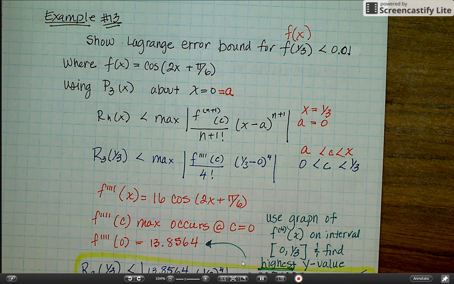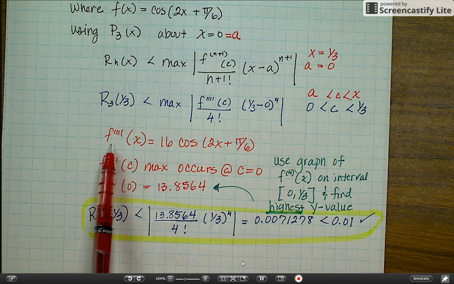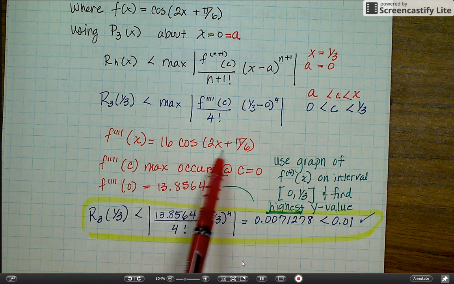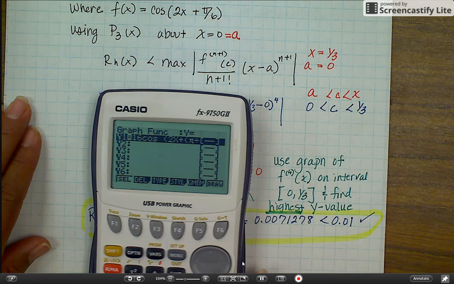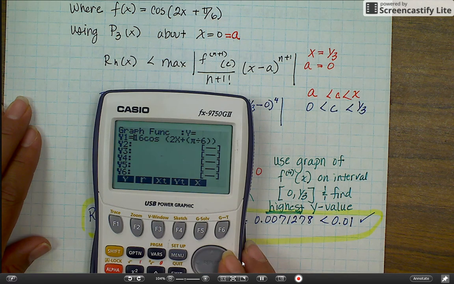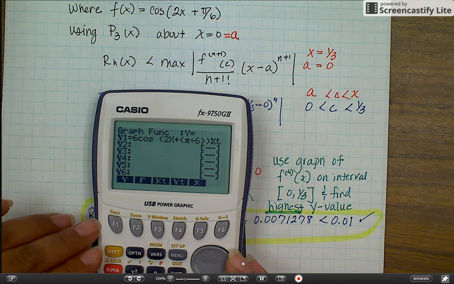Now, off to the side, you want to work it out, and hopefully I got the right answer, that my fourth derivative ended up being this. So what I need to do is graph this. So here is my formula, which if you look there, there is that expression. Now this is cosine.